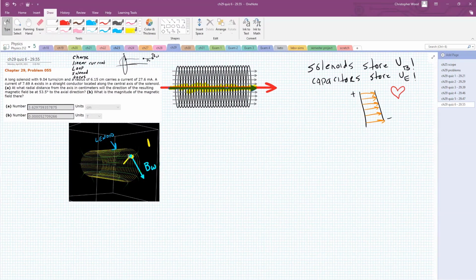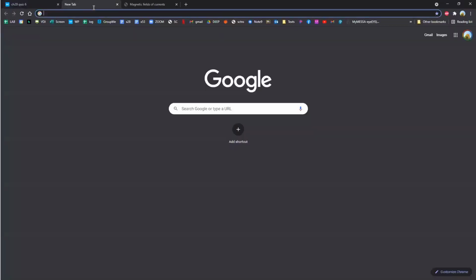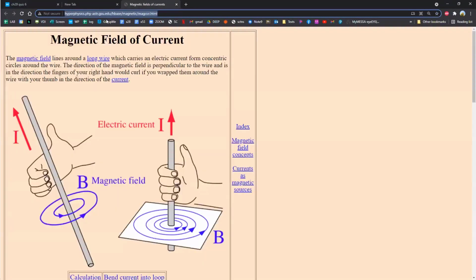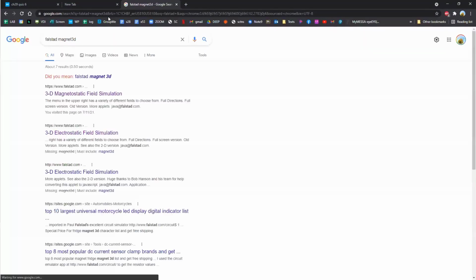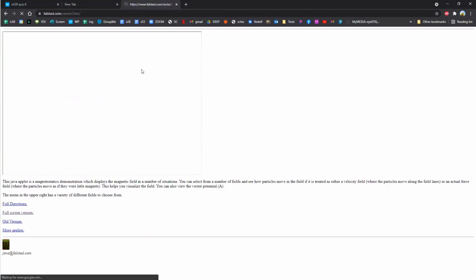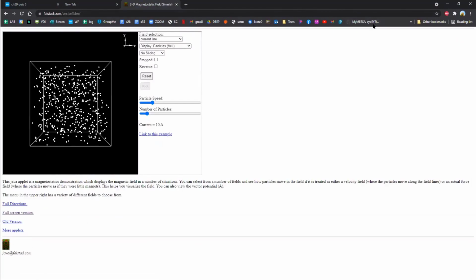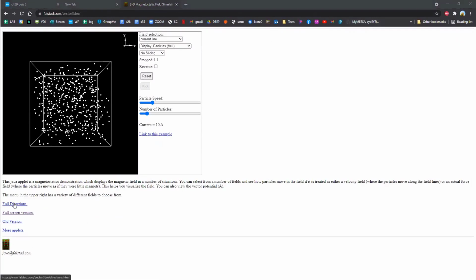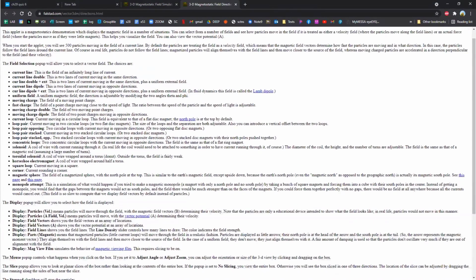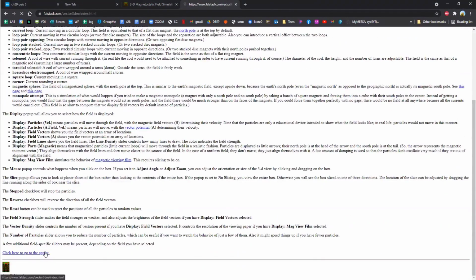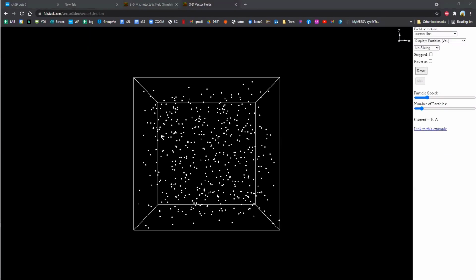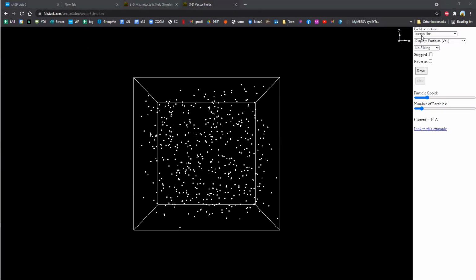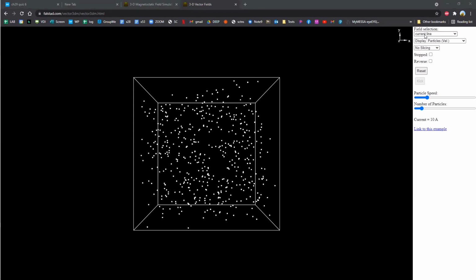I'm going to go back to this simulation. Falstad. The Falstad is still providing very rich visuals for us. So here's the Falstad simulation, and you can see you have a lot of ways to control it, but I want a solenoid.